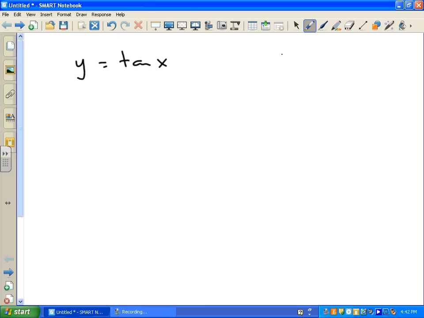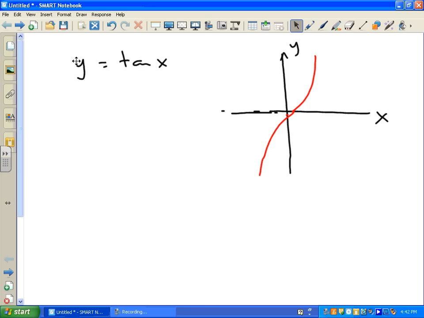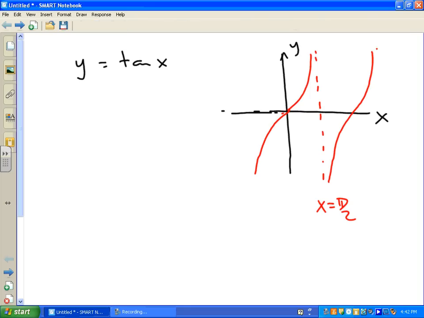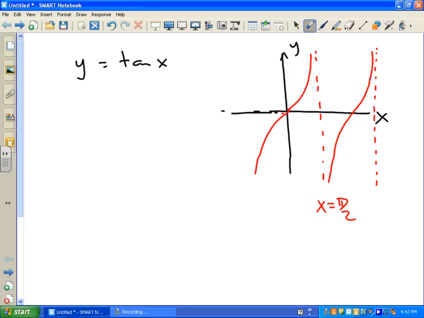And a quick little sketch with x and y shows that the tangent graph passes through the origin, right about there. And there's a vertical tangent line at x is equal to pi over 2. And we have all of these branches repeated every pi interval.